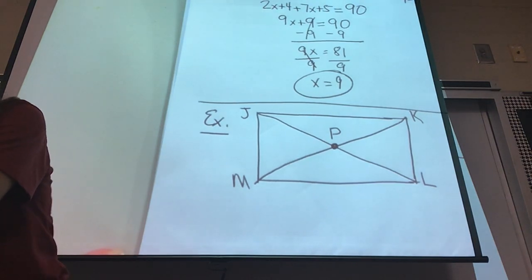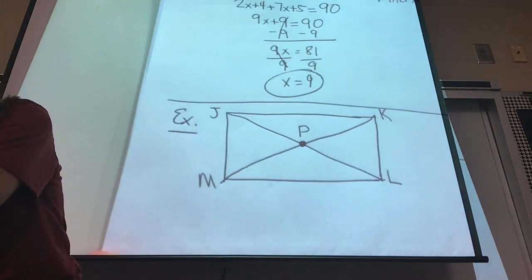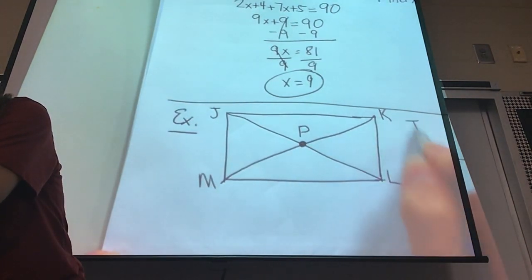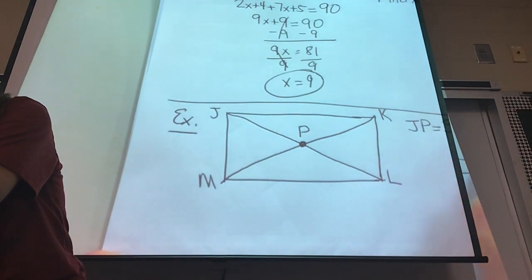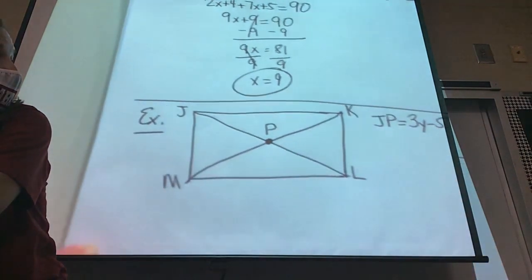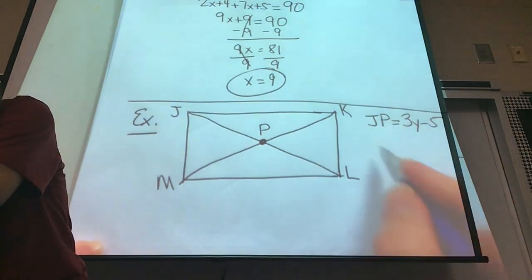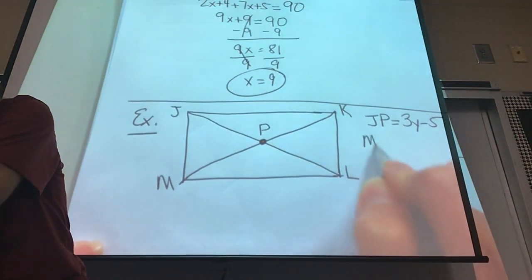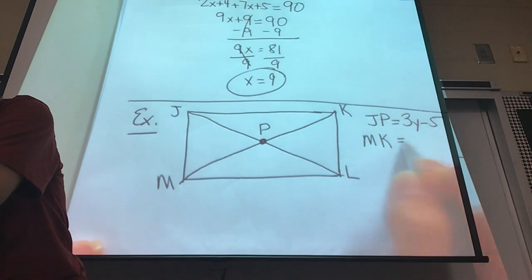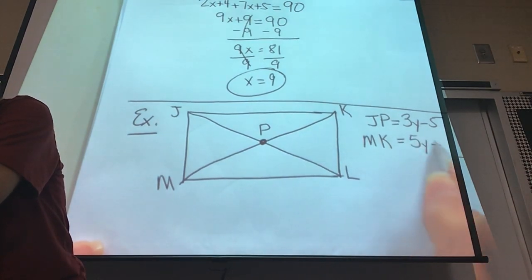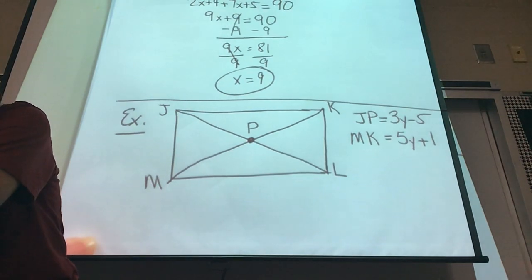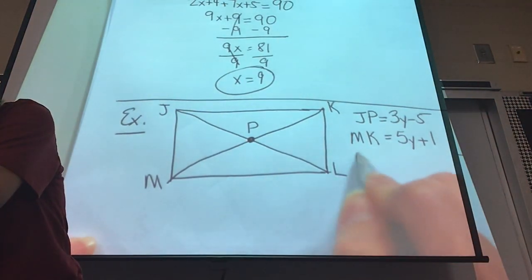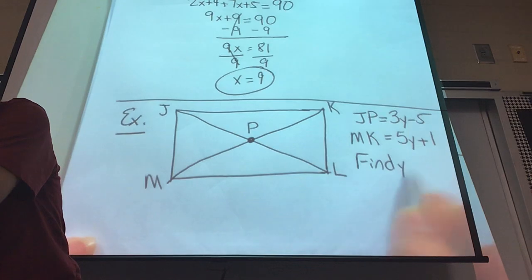Now this time, you are going to be told that JP is 3y minus 5, and you are told that MK is 5y plus 1. So I need you to find y.